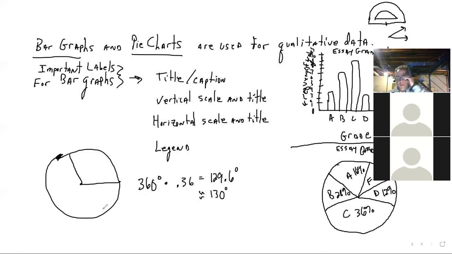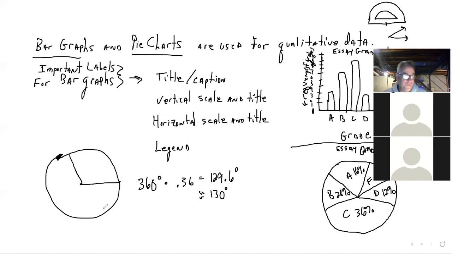Of course, there are computer programs where you supply what the percentages are, what those relative frequencies are for each category, and it will figure up what the percentages times 360 are, and just put them together for you.